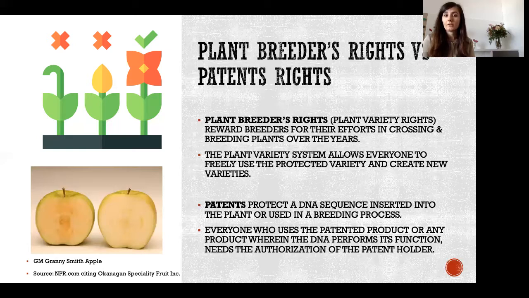So this situation was not very satisfactory for many breeders in Europe, and a few countries, Switzerland, France, Germany, and the Netherlands, changed their laws in order to introduce an exception to patent rights. That is, they try to make the patent system similar to the plant variety system. How did they do this?